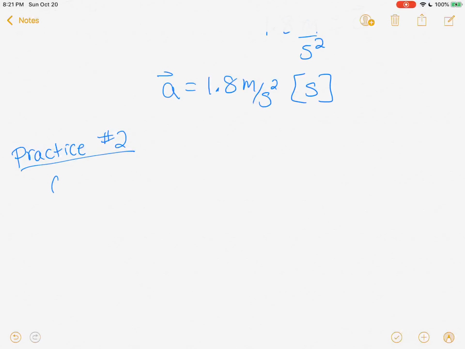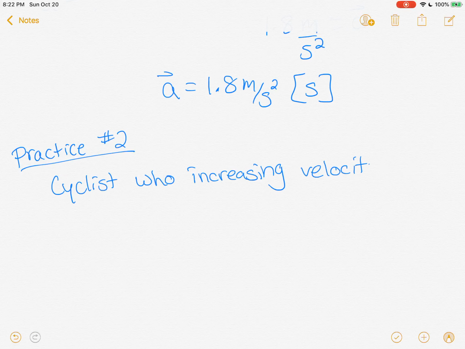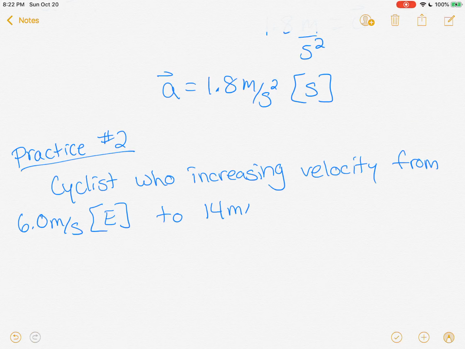Okay, so in this one we have a cyclist who is increasing velocity from 6 meters per second going to the east to 14 meters per second going to the east in 6 seconds.